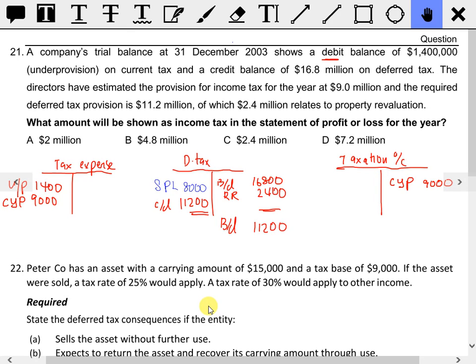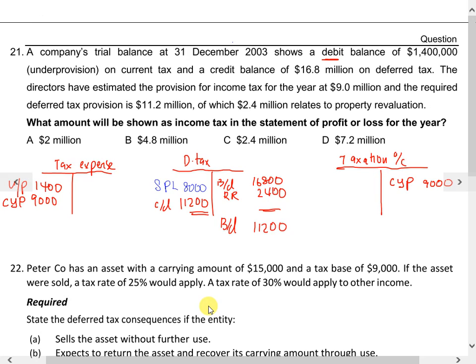So the balance is income or expenses? Income 8,000. Income 8. And tax expense in SPL is $10,400.